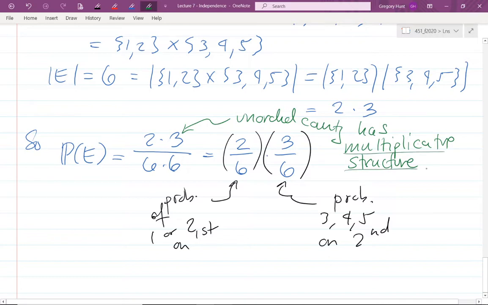Now, if I were to do this problem, but change out the top and the bottom for counts where things are unordered, I wouldn't necessarily get this kind of nice multiplicative structure. And therefore, there's not really a way to interpret it as independence. So that's what's going on behind the scenes.